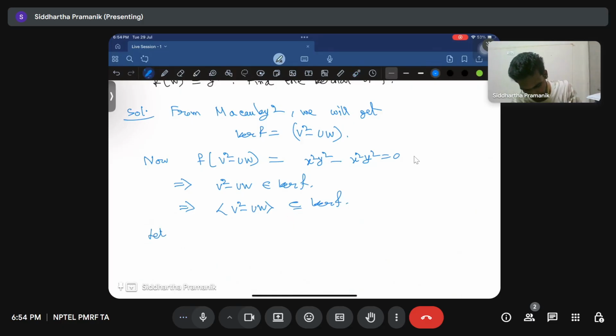So for that, let p(u, v, w) be a polynomial in the kernel.